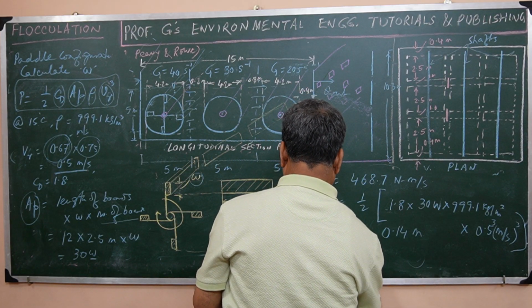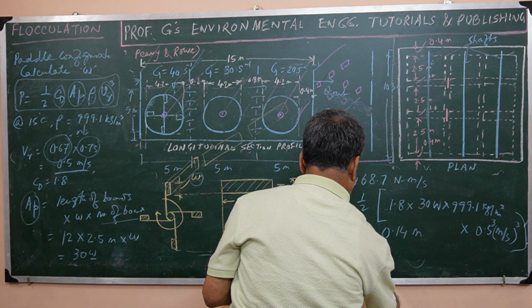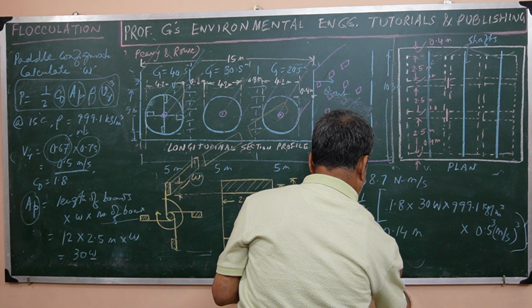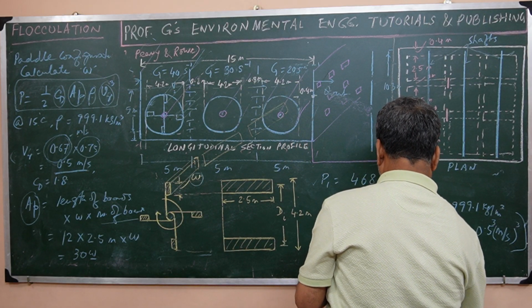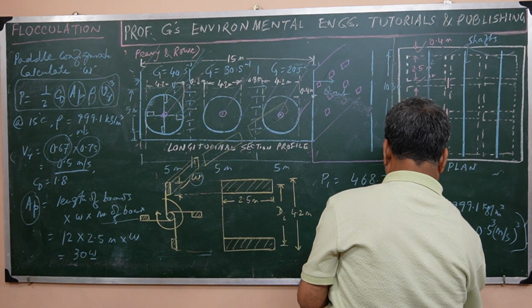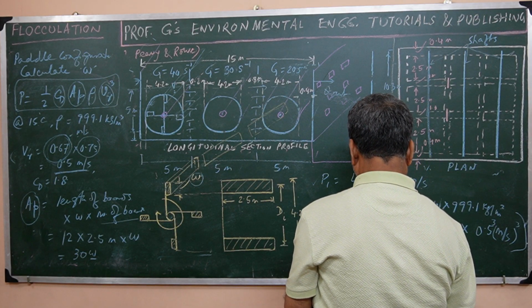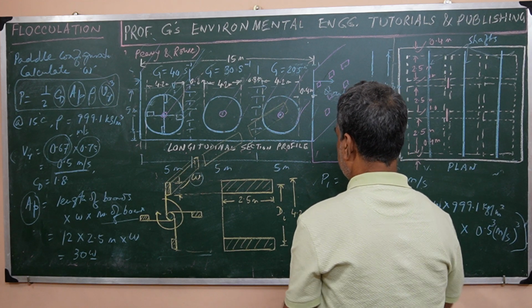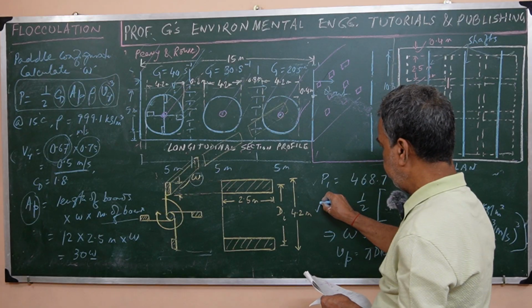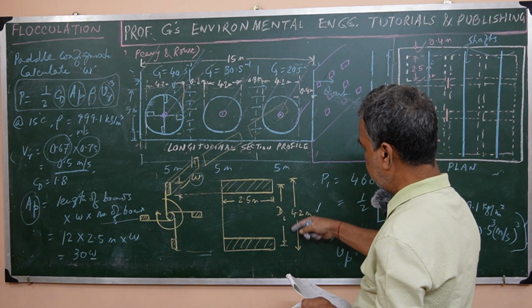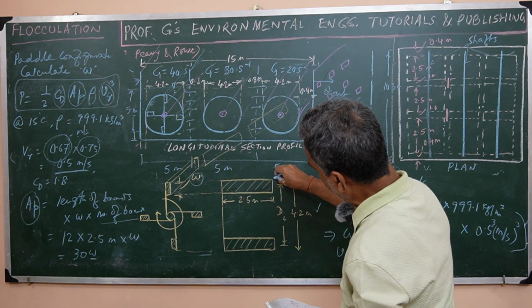Now this would be Vp, if we go like that, pi d into omega. So you can find out that 4.2, that diameter, di is equal to this, but here we are taking the tip velocity.